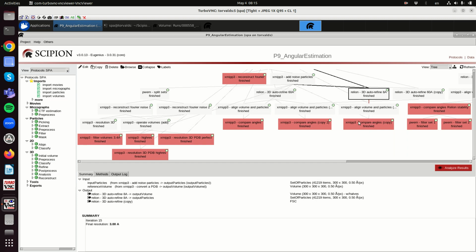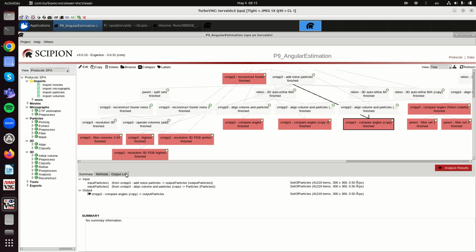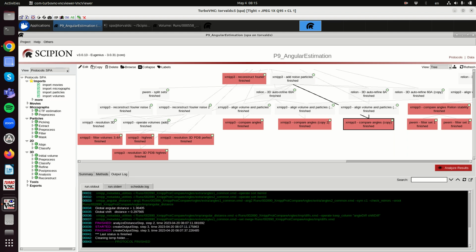If now we compare the angles, they are in the same kind of values. This one is 1.36, the previous one was 1.32, so the same kind of angular errors and global shifts.